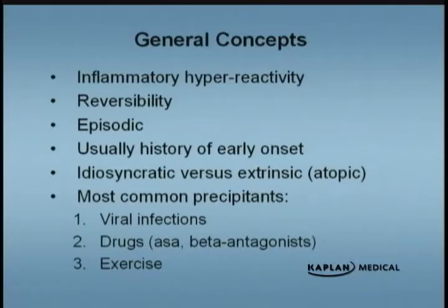So let's talk about general concepts about asthma. The basic issue with asthma is that it's an inflammatory process. The patient's lungs are hyperactive to some type of allergens or infections, or sometimes we don't even know the causative organism or scenario, but these patients have more hyperactivity than normal people, and an inflammatory process occurs.